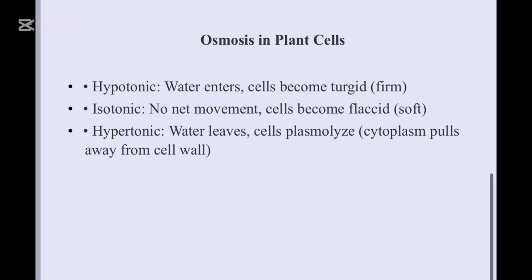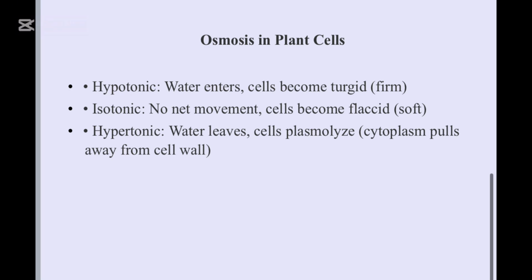Now, talking about isotonic solution, as usual, there is no net movement, and the cell becomes flaccid, meaning soft, in an equilibrium state. Then, when a plant cell is placed in a hypertonic solution, what happens? Water leaves the cell, and when water leaves, the cell becomes plasmolyzed. Now, what is plasmolysis?